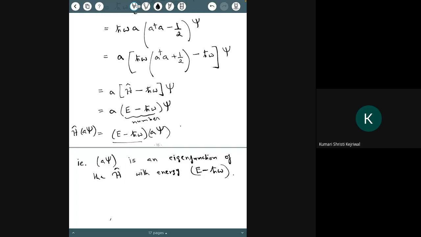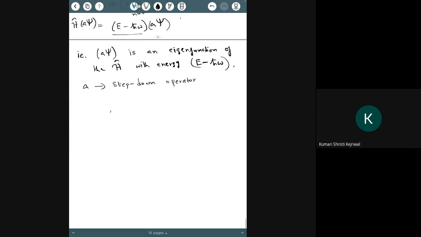Okay. So that is why a is called a step down operator. So it reduces the energy of the wave function. So it gives you a wave function with a lower energy.